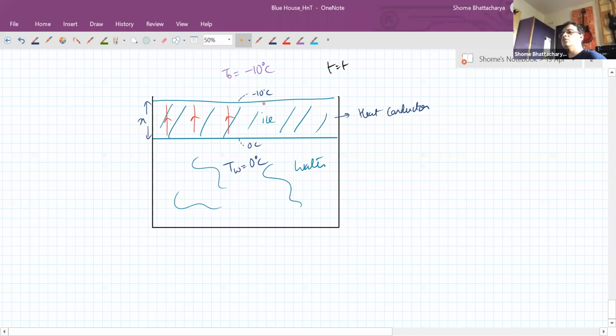So heat is going off like this. Okay, so this is the heat current, so-called, or the heat conduction. So because ice is a very poor conductor of heat, ice has low value of K. I'll just tell you the value of K. So the heat conduction happens very slowly.